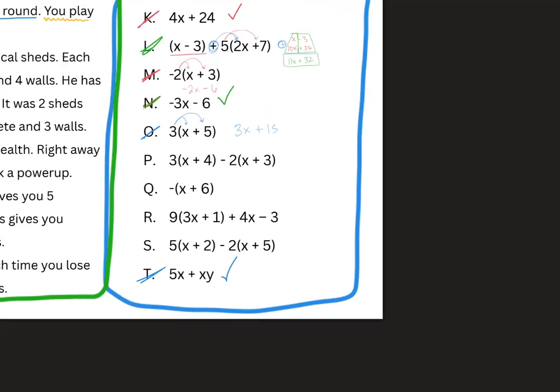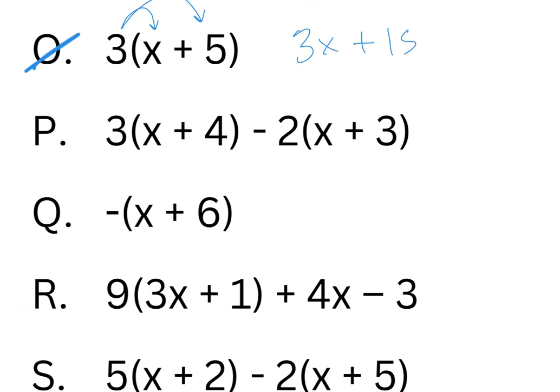P, we can distribute the 3, so we get 3x. We can distribute the 3 to get plus 12. We can distribute this -2 to get -2x. We can distribute this -2 to 3 and get -6. These are now written sideways.